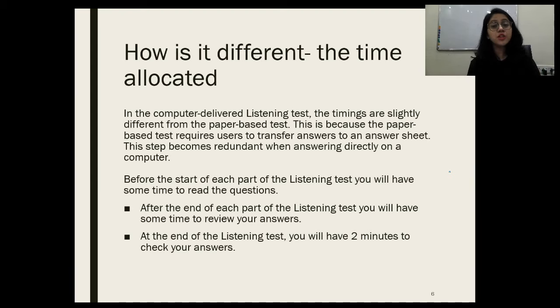So you need to be acutely aware of that. You also need some comfort level with the system. If you are absolutely comfortable with the laptop, with the computer, you should be in a good place. But if you find it difficult to use the computer, and usually get affected and conscious while typing, then it's time to rethink your options and opt for the pen and paper based test.